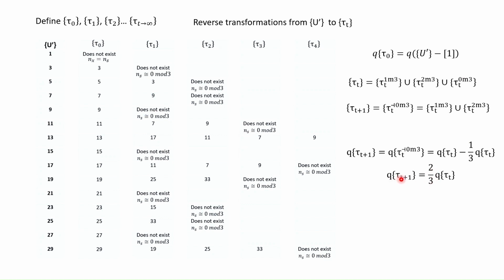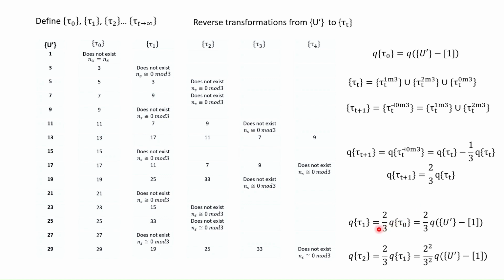So tau sub t plus 1 is equal to 2/3 of tau sub t. These are the number of elements that we are talking about, quantity. So we are clear about this. Now we do the analysis for, say, tau sub 1, tau sub 2, and then we write them in the form of number of elements in universal set minus singular element 1.